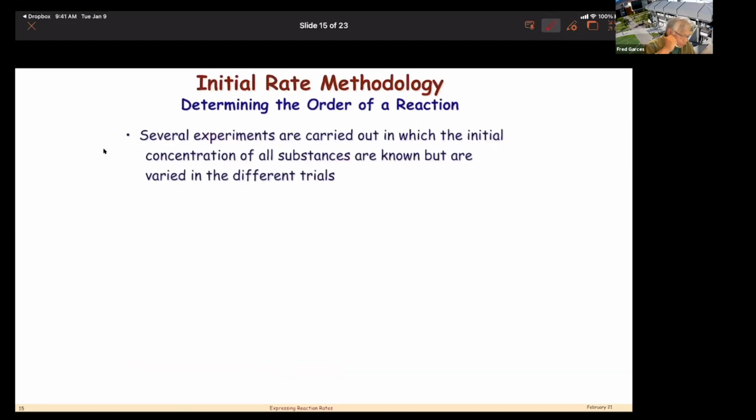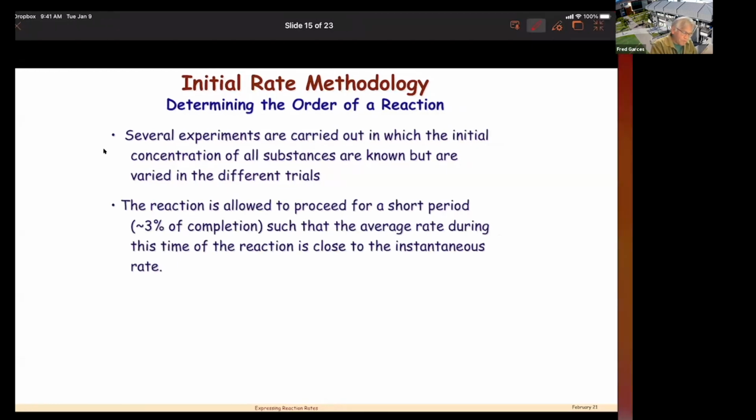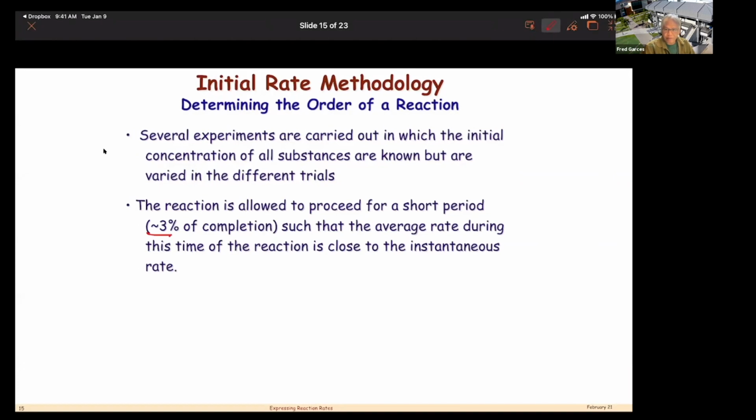Okay, so the key to this particular method is to do several experiments. You can't just do it with one experiment, but you do several experiments in which you vary the concentrations. Okay, and you allow the reaction to take place for a short period of time. Here it says 3 to 4% is fine, but you let it go for a short period of time. You measure the amount of the chemical that is decreasing within that time lapse, and then you could establish the speed of the reaction.